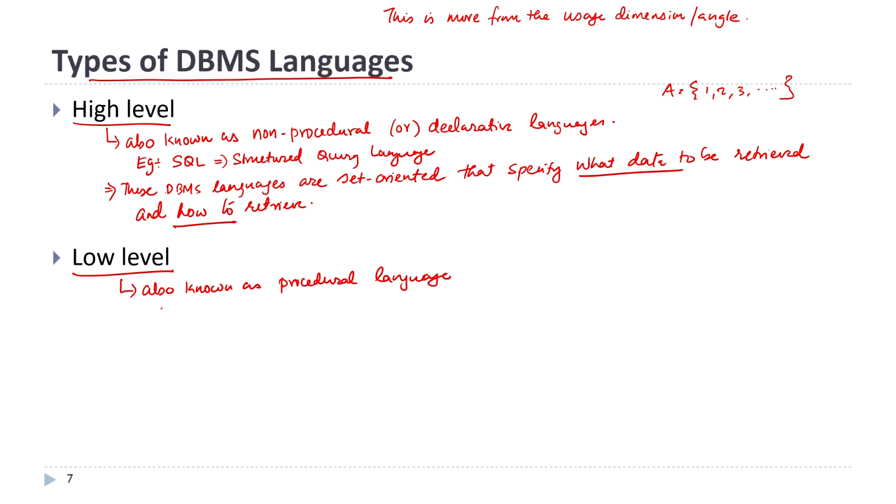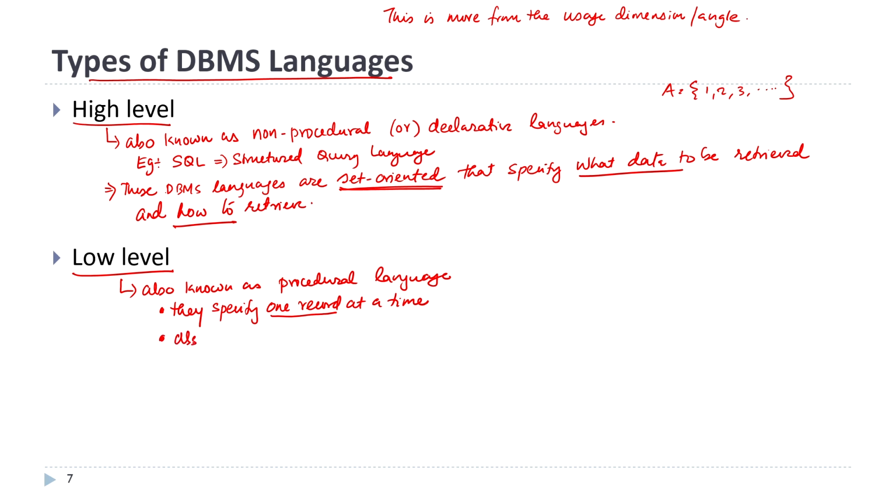They specify one record at a time. So, remember the major difference is the other one is set oriented. It retrieves the entire set of data, but here it retrieves only one record at a time.